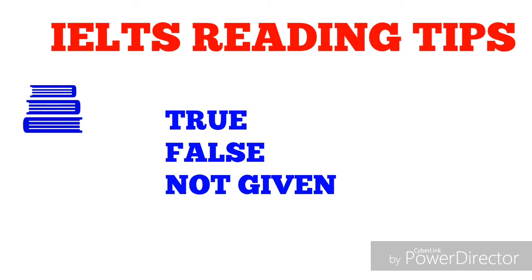So let's start with true false not given questions. True false not given questions ask you to decide if specific information is true according to the information of the passage, or false according to the information of the passage, or it is not mentioned in the passage.